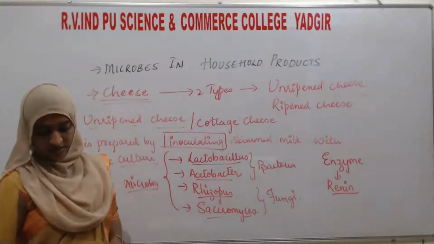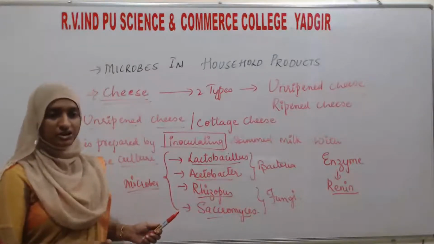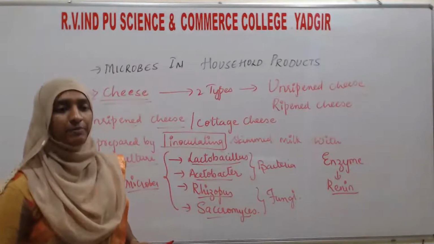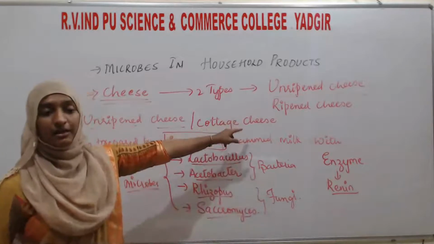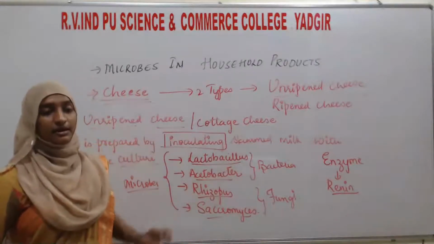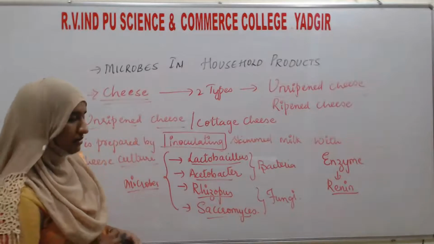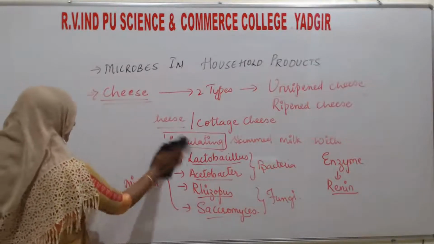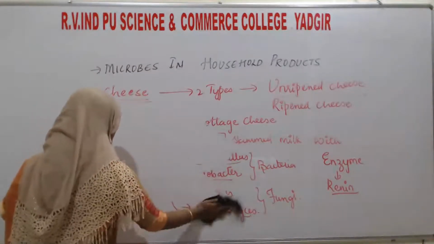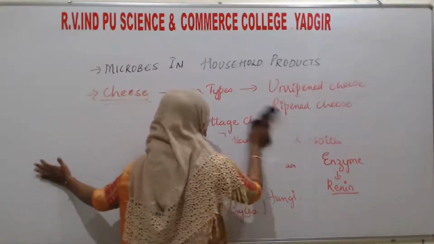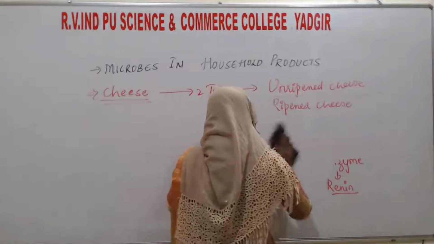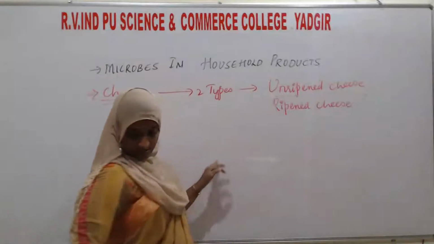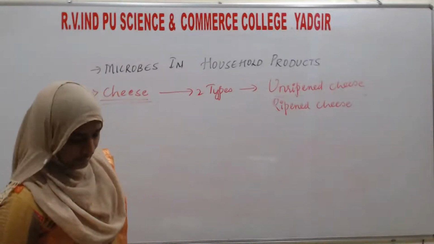Then next one, this is about the unripened cheese. Next you will see how this unripened cheese is going to ripen. That is the second type of cheese, the ripened cheese. You will see now. See here, ripened cheese.